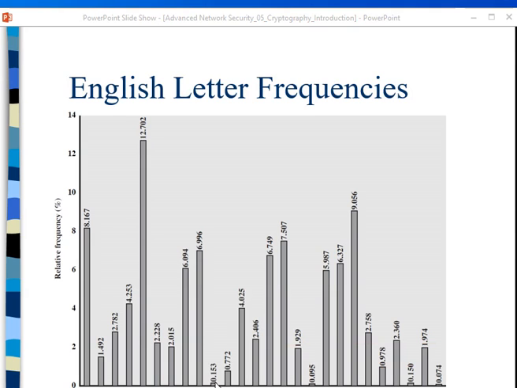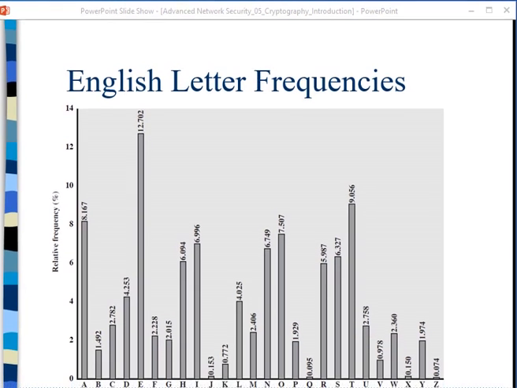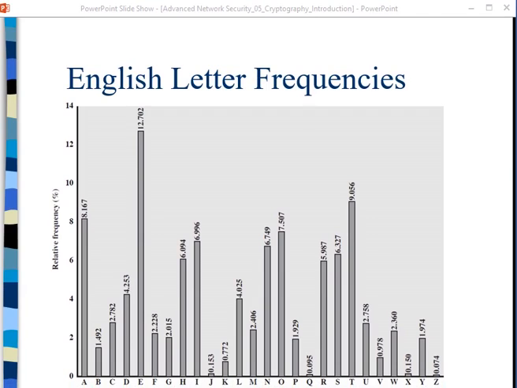For instance, as you can see here, English letter frequencies: the letter E is the most frequent letter in English, and after that the next letter is T, and so on.